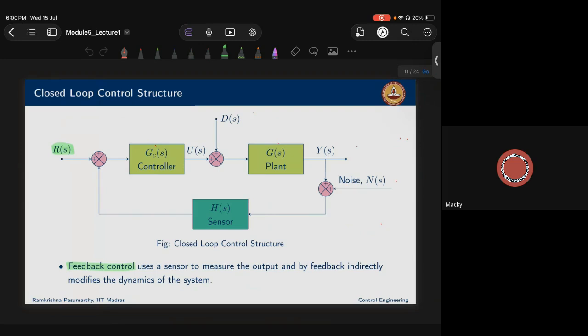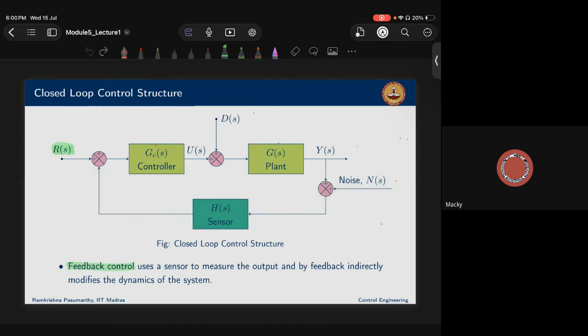What is the difference between the previous open loop system and the closed loop system? We have added this part. We have added this noise as well as this feedback part. Correct? That is the difference.